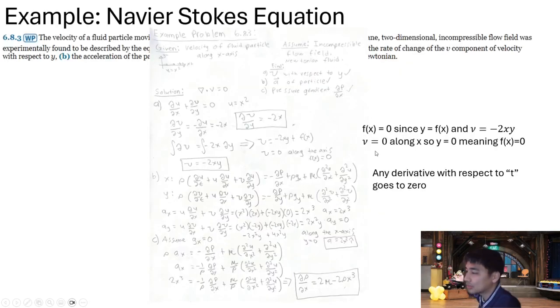So nu here is equal to 0 along the x-axis. If this is equal to 0, this means y has to be equal to 0 to make nu equal 0. Meaning, if y is equal to 0, f of x is equal to 0. Hopefully that made more sense. You can read this backwards in the end. This f of x is equal to y because it's a function of x, and this needs to equal 0 because nu is equal to 0, and nu is this.